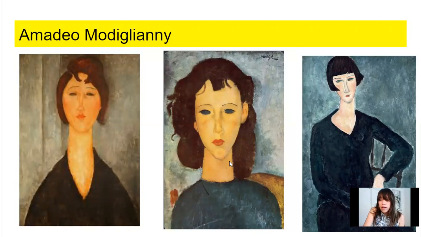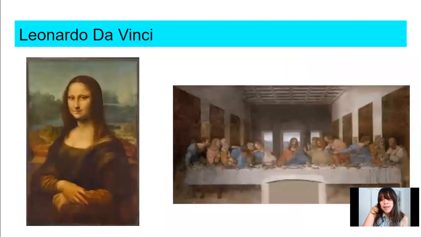Now we're going to see our next artist reference, who is Leonardo da Vinci. Leonardo da Vinci, a very important, great, famous artist. He was Italian, from the province of Vinci.